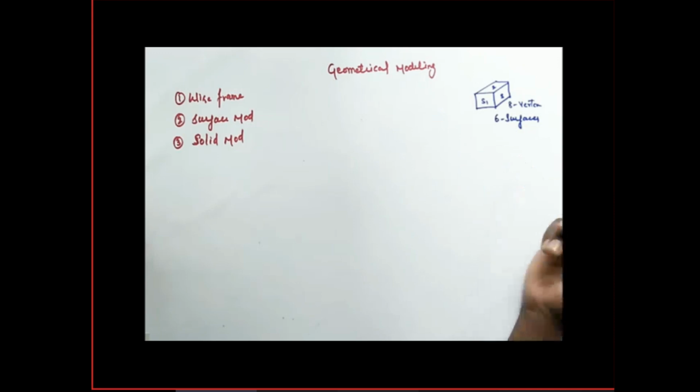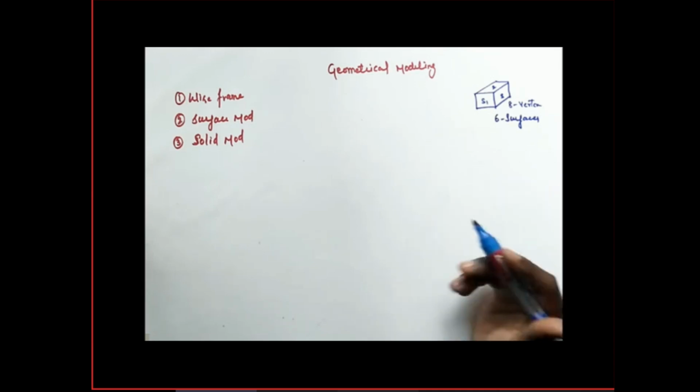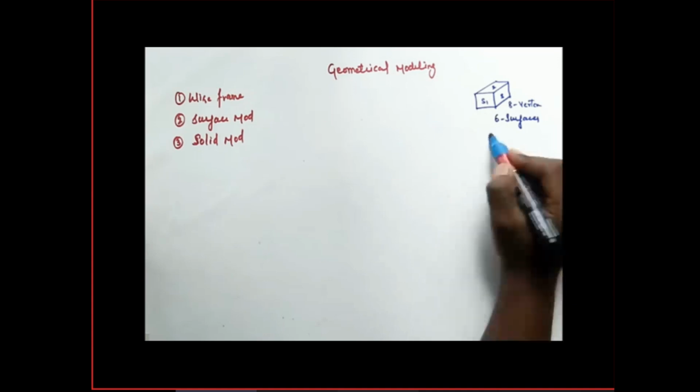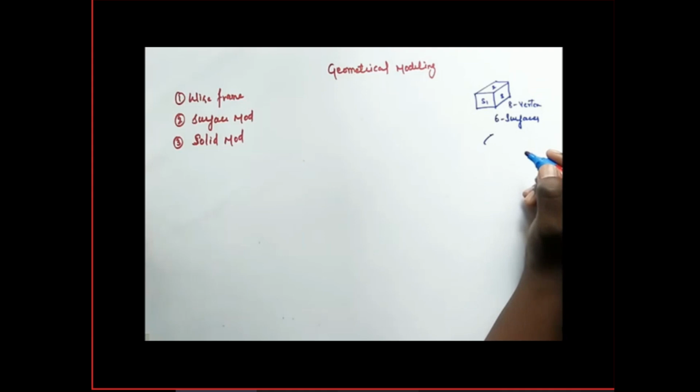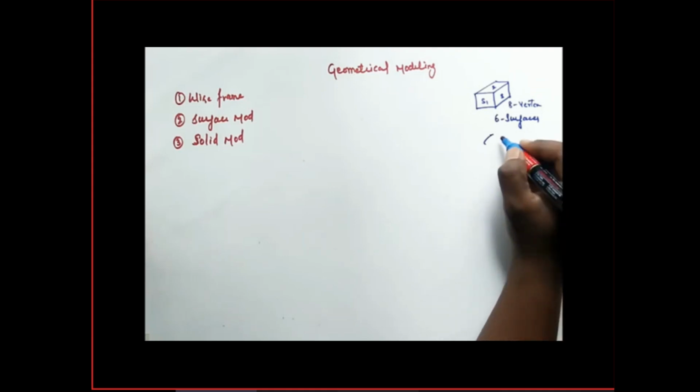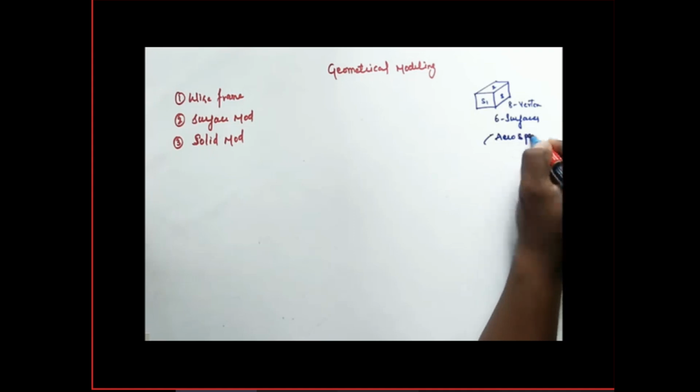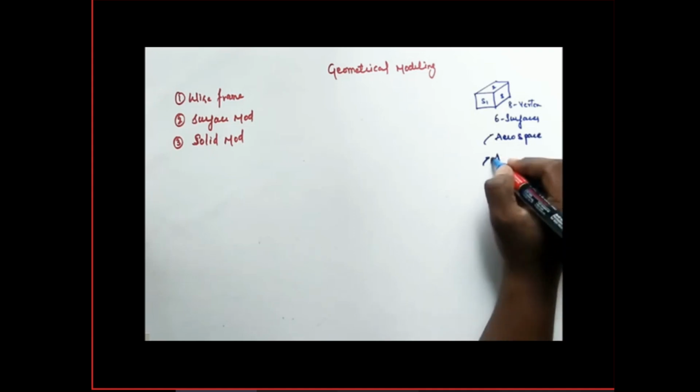Again, this is also not a complete representation. Here there might be a few problems, but this type of modeling is also required in automobile or aerospace engineering. As for applications, surface modeling can also be called sheet metal work, used in the aerospace industry and automobile industry.